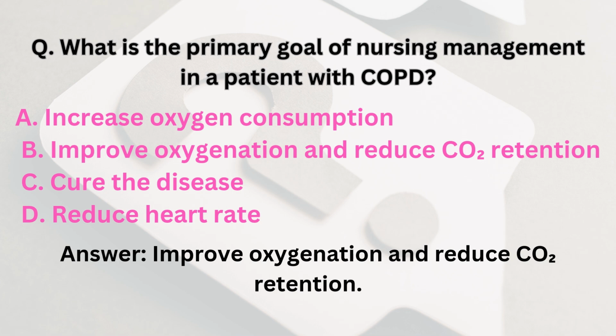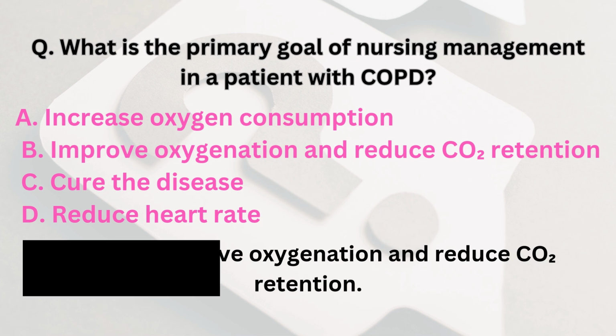However, management focuses on slowing its progression and improving quality of life. Reduce heart rate. While a rapid heart rate can sometimes be a symptom of COPD, it is not the primary focus of nursing management. Improving oxygenation and reducing carbon dioxide retention are more important for overall health and well-being.